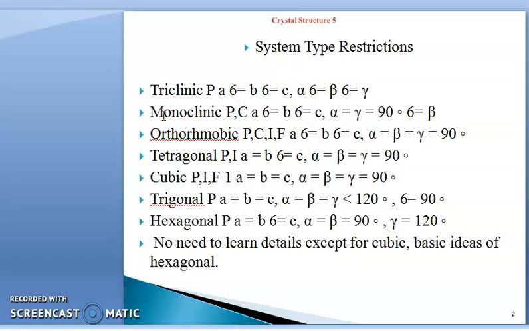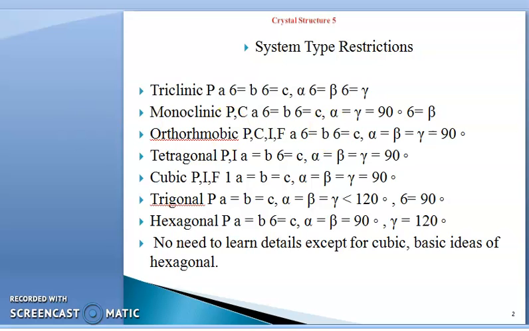Depending upon the nature of the edges and angles, we have seen different lattices: triclinic, monoclinic, orthorhombic, tetragonal, cubic, trigonal, hexagonal. If we add them all, there are 14 unit cells. So this concept we have seen in the last lecture.